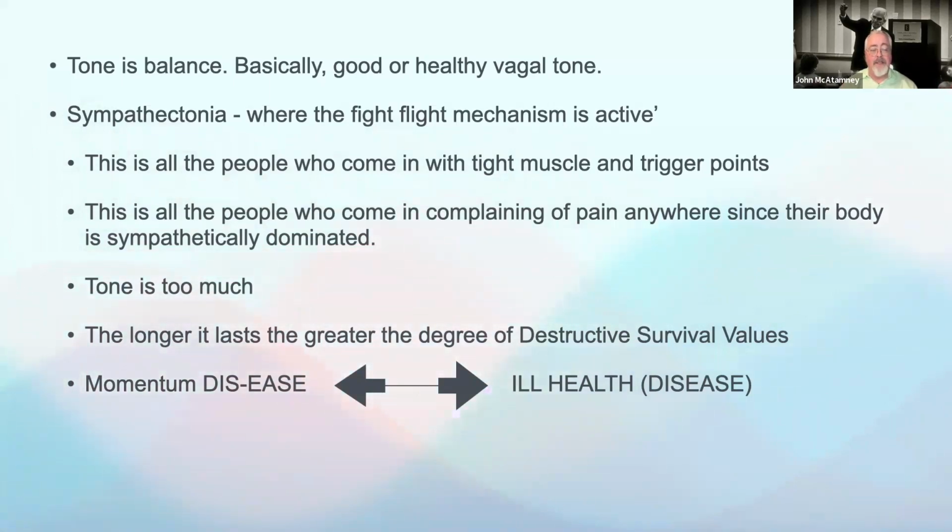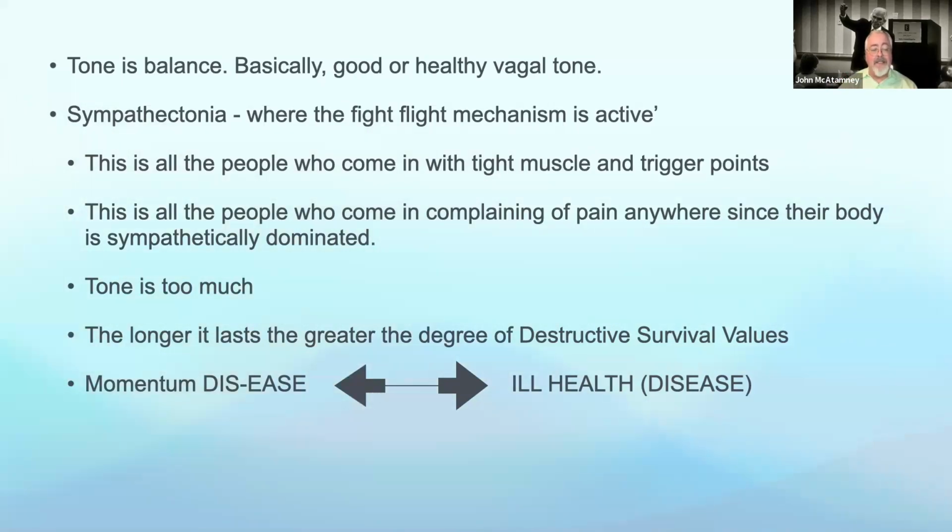Now, here's the thing to understand. The longer the person is in sympathetic domination, the longer it lasts, the greater the degree of destructive survival values. That's going to be another topic we're going to dig into. But the thing that I want you to understand is there's a momentum. There's a momentum of dis-ease, or momentum to good health, or momentum to ill health.